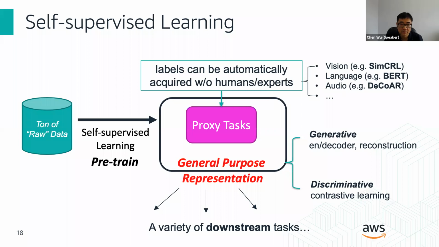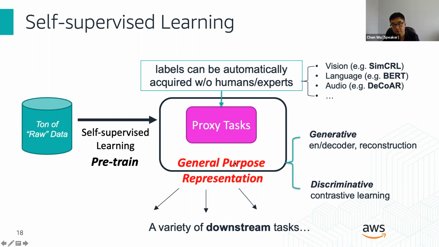Self-supervised learning says, well, you can learn some proxy tasks which have cheaply obtained labels. And once you have those labels, then we can learn a general-purpose representation.